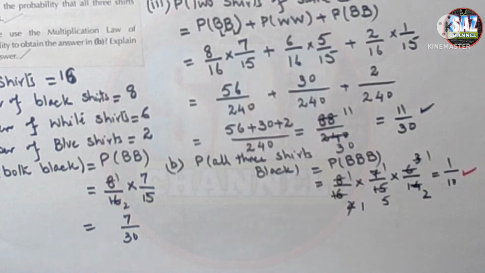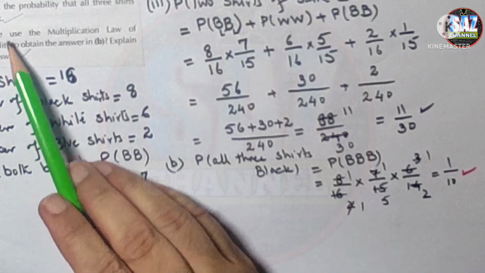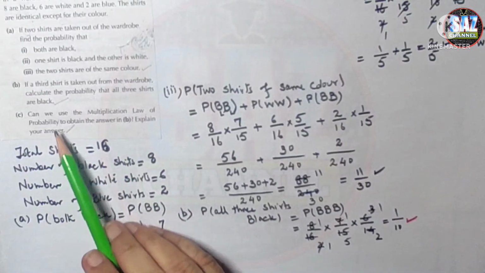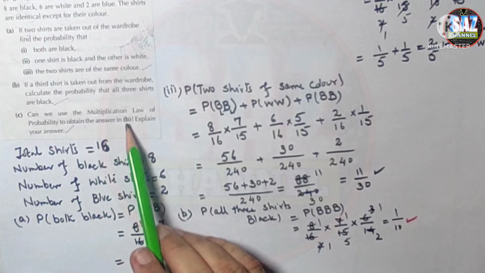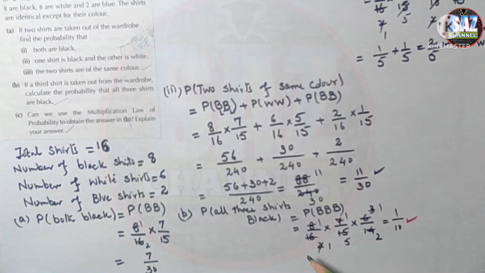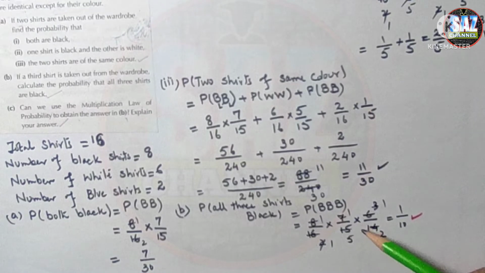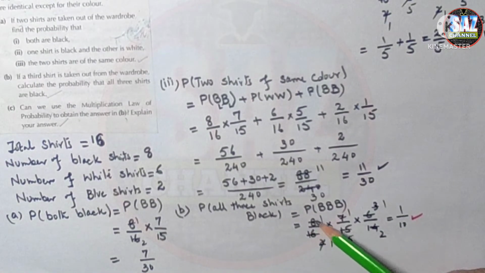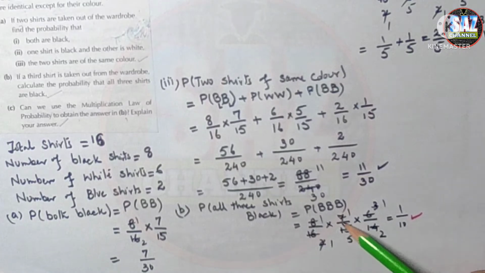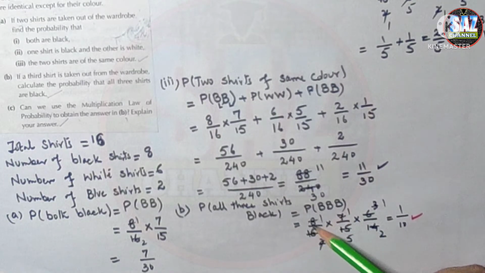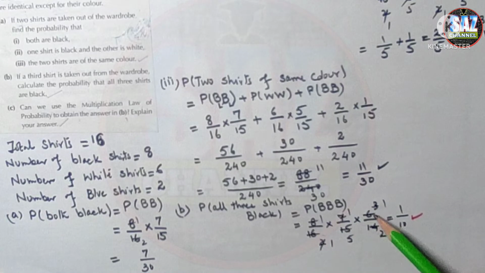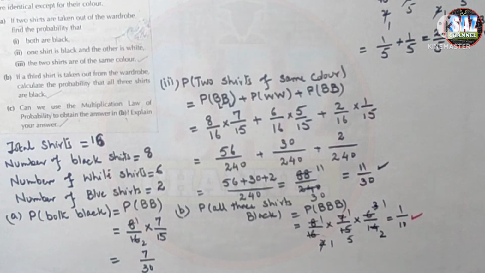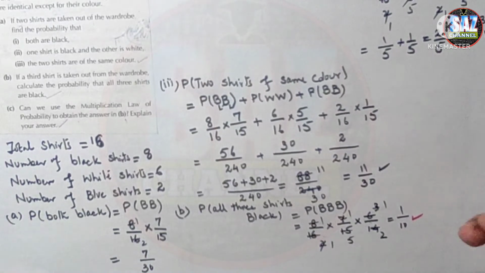And now moving to the third part that says, can we use the multiplication law of probability to obtain the answer in B? If you look at the procedure of B, we can see the choice of the second shirt has been affected by the previous choice, and the choice of the third shirt has been affected by the previous two shirts.